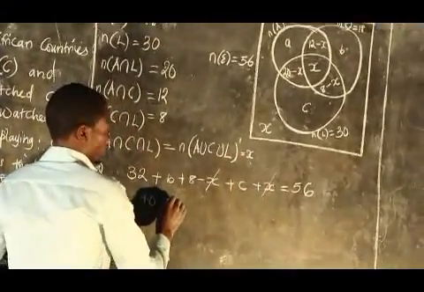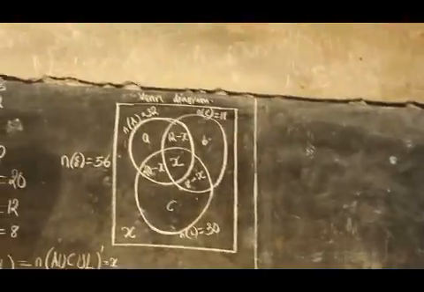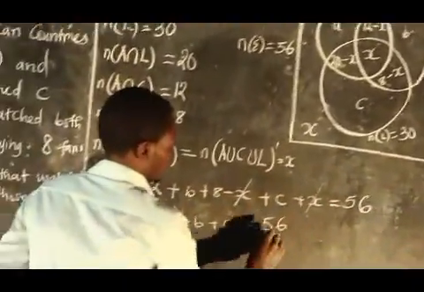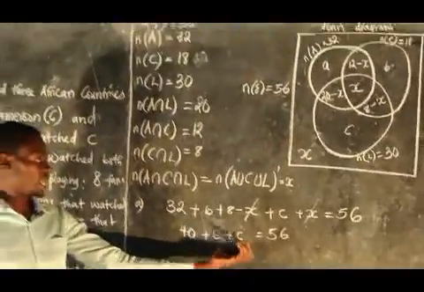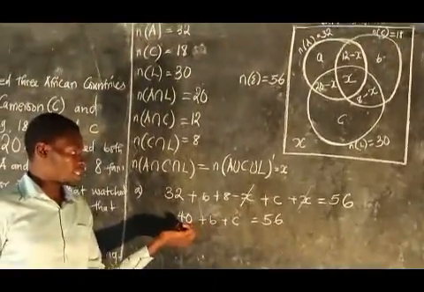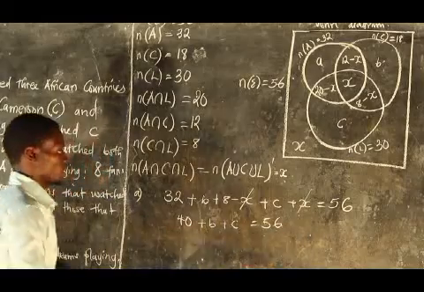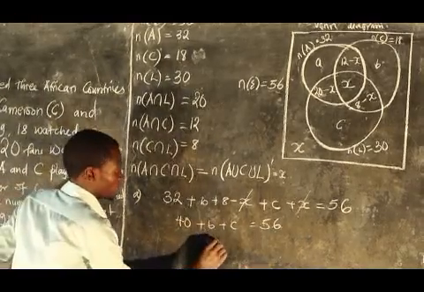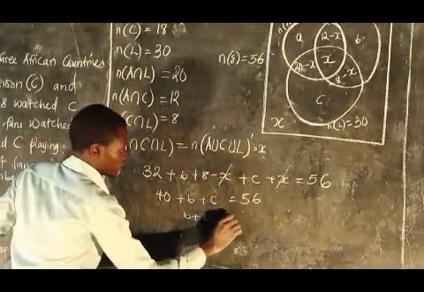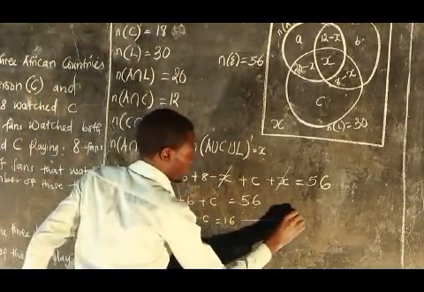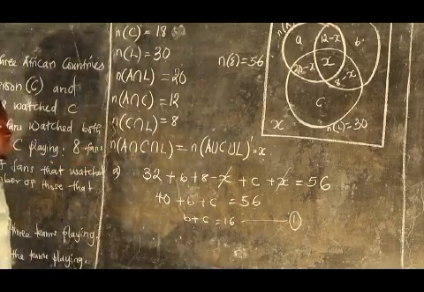We remain with plus b plus c equals 56. Here we take this 40 to the other side. So we remain with b plus c equals 56 minus 40, which is 16. We name this one equation 1.